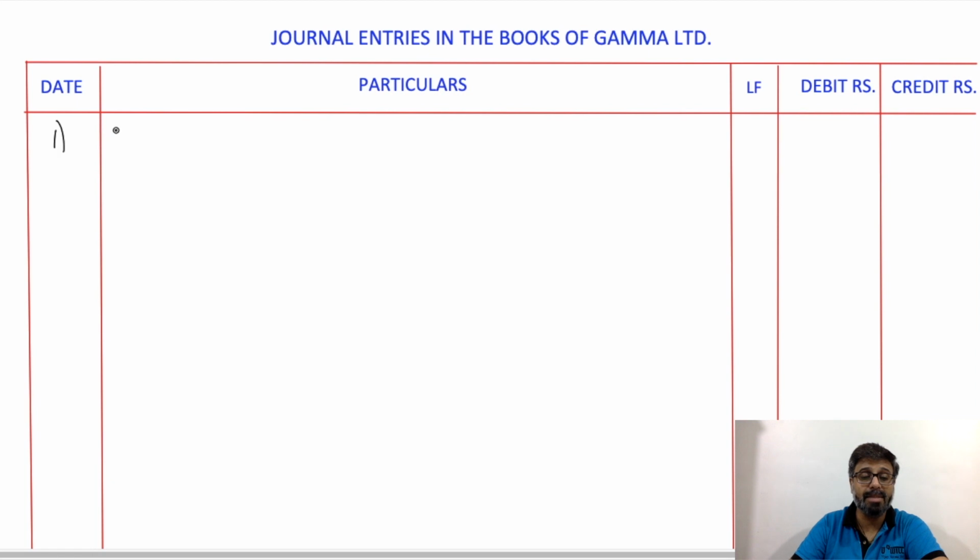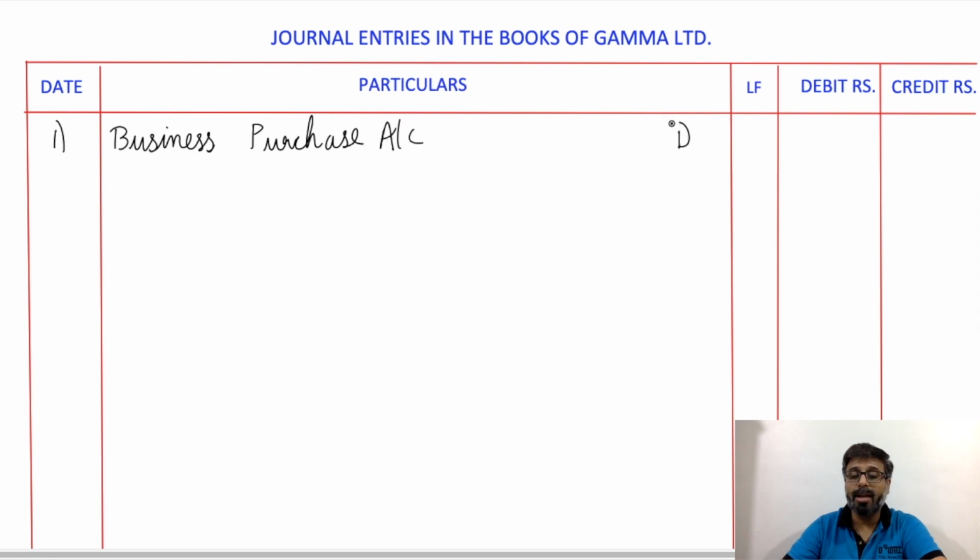Business comes in, so debit business purchase account, with the total purchase consideration, and the amount is payable to the liquidator of the transferor company. Credit the payables, so to liquidator of transferor.